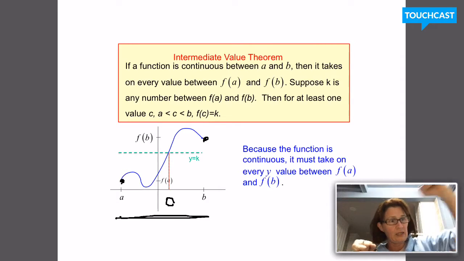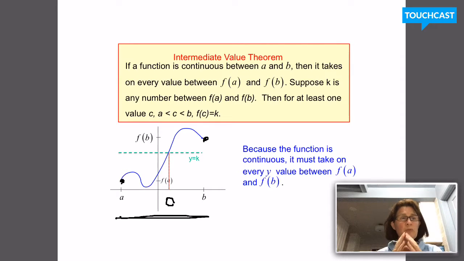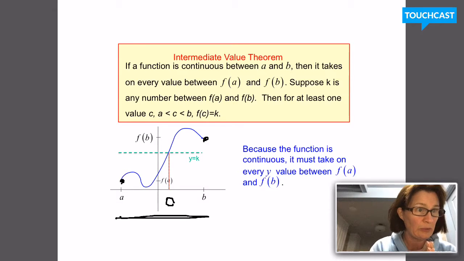If it got from here to here, it must have crossed over that y value that I'm interested in. Otherwise, that implies that it must have somehow skipped over, but we've been promised that our function is continuous. So that's what we're going to use the intermediate value theorem for, to prove that when there's a y value we're interested in, there must be some place on the graph where that y value gets touched. I promise we're going to do lots of examples.